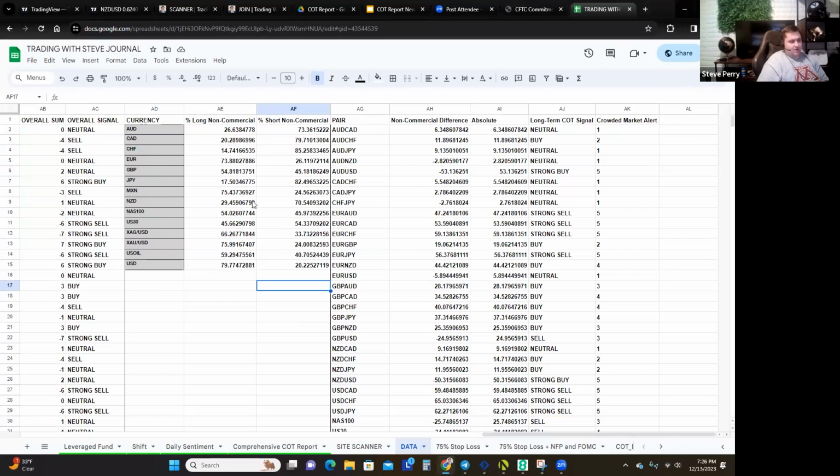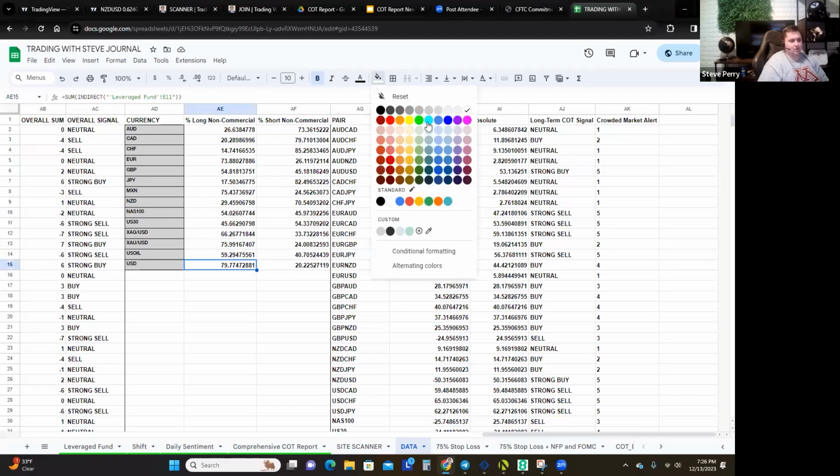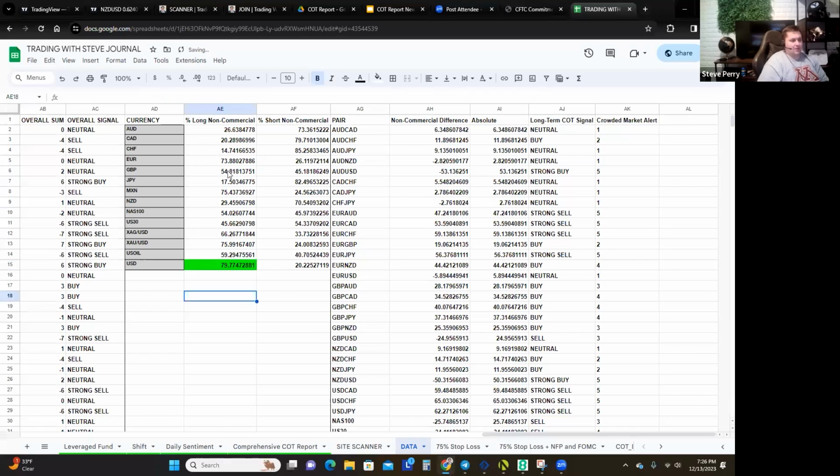So let's break this down. Right now, what are the big observations? Well, right now the euro and the dollar are some of the most bought up currencies. Let's highlight them. We've got a really long dollar and a really long euro right now. And what are some really weak currencies? Well, we've got a really weak franc, a really weak Canadian dollar, and I would say weak Aussie, weak Japanese yen, and maybe a weak Kiwi.